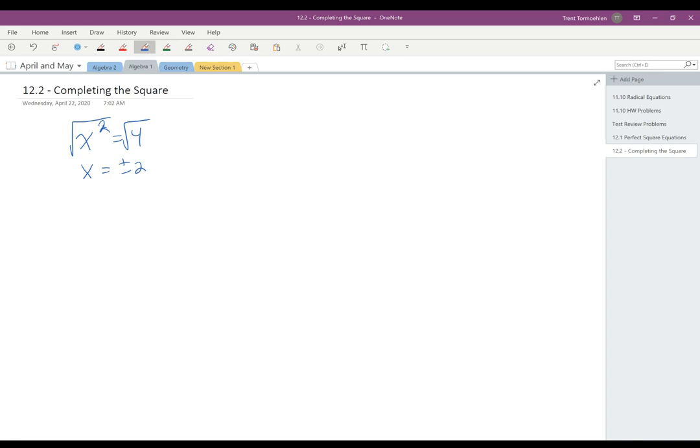Or maybe something like x minus 2 squared equals 5. You take the square root of both sides, and you get x minus 2 equals plus or minus square root of 5. So x equals 2 plus or minus square root of 5. These are all about having a perfect square on one side equal to some number, and then taking the square root of both sides.